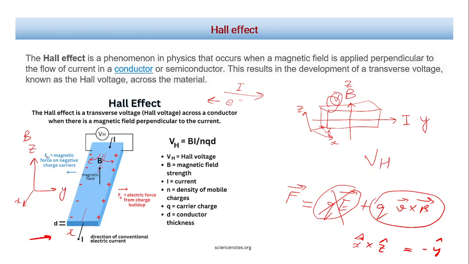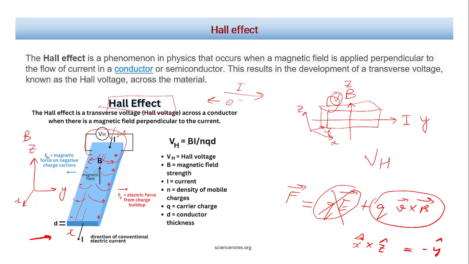So this is how, instead of going straight, they start collecting in this direction, and if we connect a voltmeter, we'll see the positive charge and negative charge give a voltage difference. This is known as the Hall effect, and this voltage is known as the Hall voltage. This is the main phenomenon, and using it, with a small derivation, we get the formula for Hall voltage.